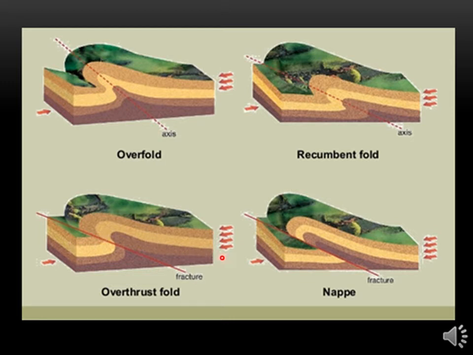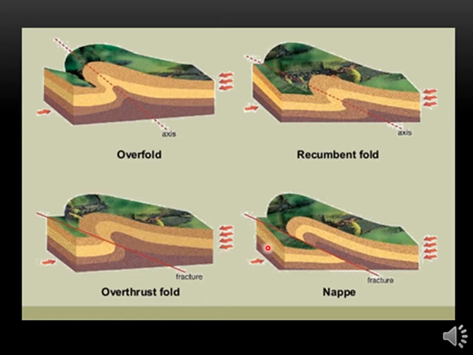You can see there is 4 times more compressional force from this side. So this limb will push over, and you can see this axis line will almost fracture, creating an overthrust fold.